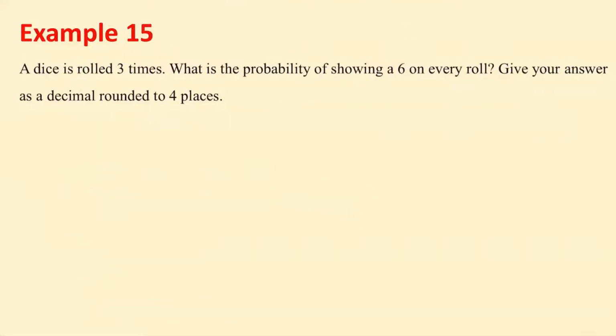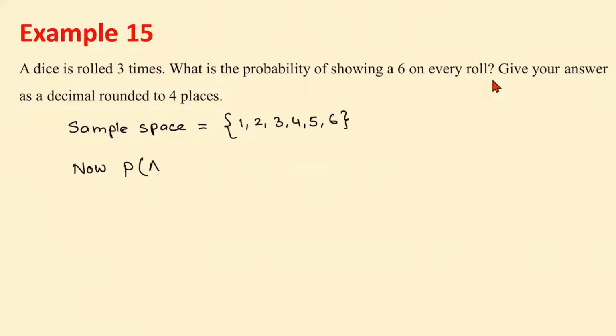Let's move on to number 15. A dice is rolled 3 times. If you think of a dice, the possible outcomes, or sample space, let me write. The sample space while rolling a dice is 1, 2, 3, 4, 5, and 6. What is the probability of showing 6 on every roll? So what we want is the probability of getting all 6s in 3 rolls.